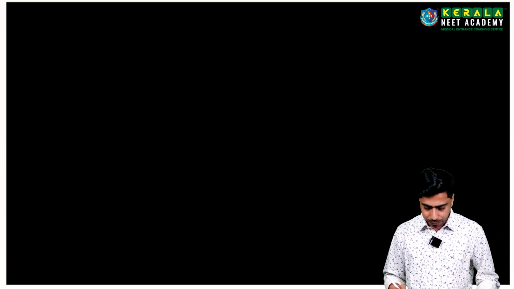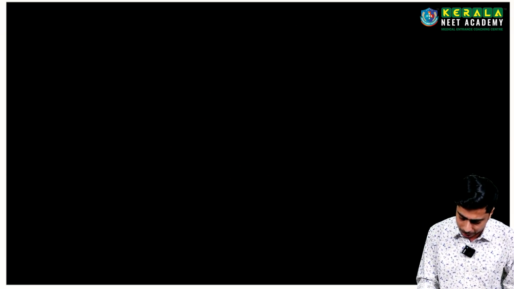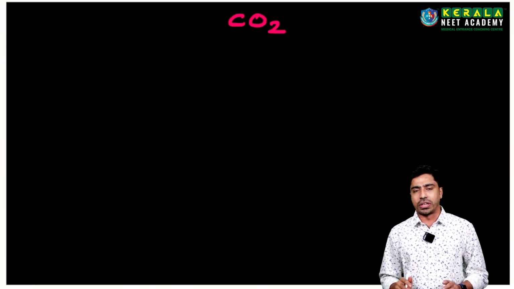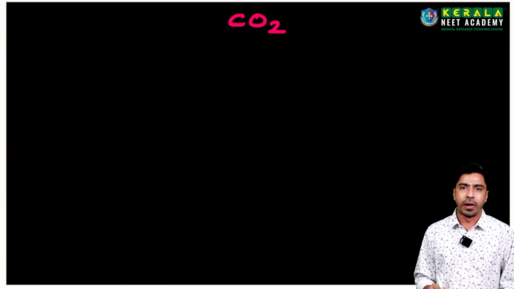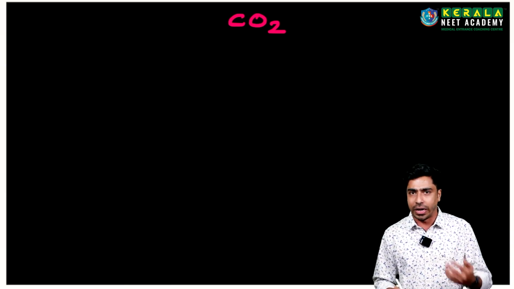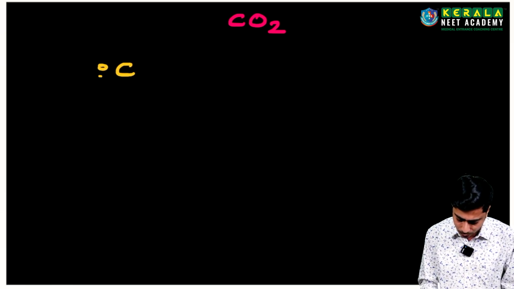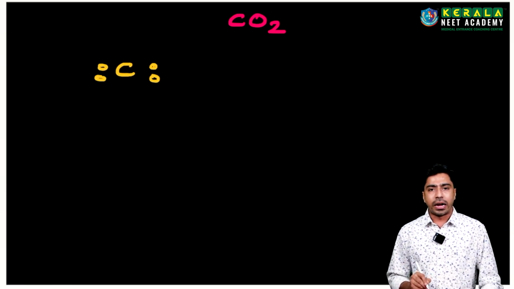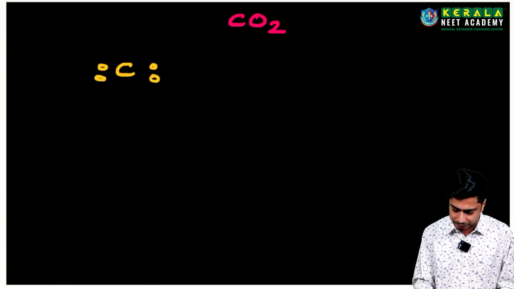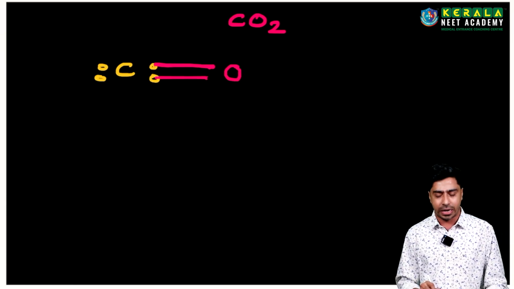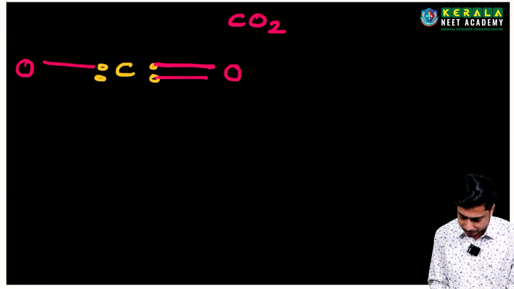Now listen. Let me take the case of carbon dioxide, CO2. Which is the central atom in CO2? The central atom in CO2 is carbon. Carbon comes from group 14, which means the carbon atom will have 4 valence electrons. The oxygen atoms have to make bonds with the carbon. 2 electrons will be taken by one oxygen, and the remaining 2 electrons will be taken by another oxygen.